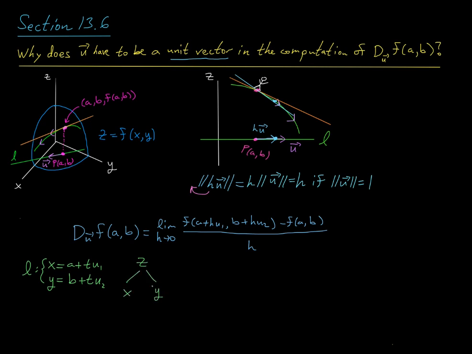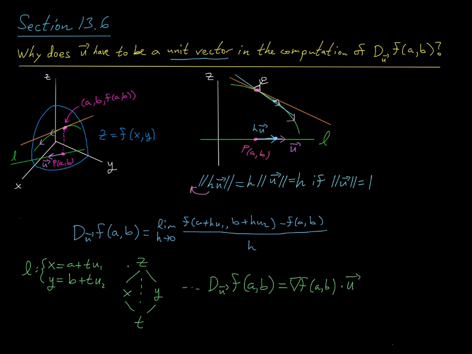We said, well, z, our altitude, will depend on the coordinates x and y, but since we're restricting ourselves to this line L, these then will depend on this parameter t. And so then we looked at the derivative of our altitude z with respect to t, and this led us to this result that said that the directional derivative of f at the point (a, b) in the direction of u was the gradient of our function evaluated at the point dotted with this vector u.